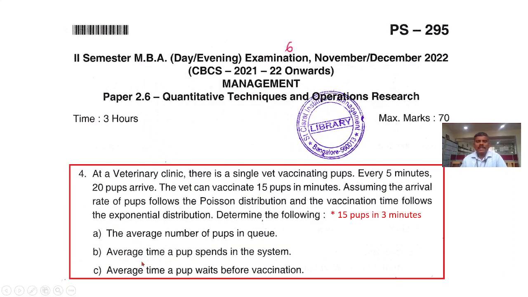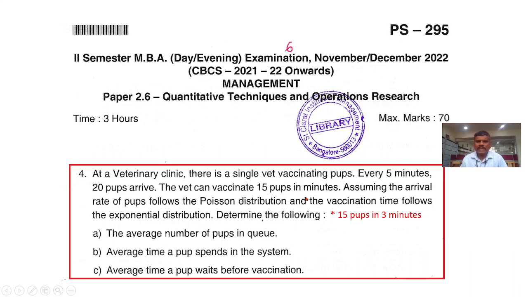So here the arrival rate is given. The arrival rate is every 5 minutes 20 pups are arriving, and the service rate is given. For every 3 minutes 15 pups are being vaccinated. I clearly understood that there is some information missing.